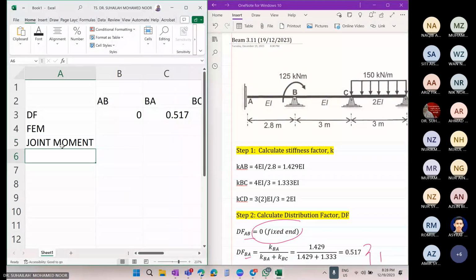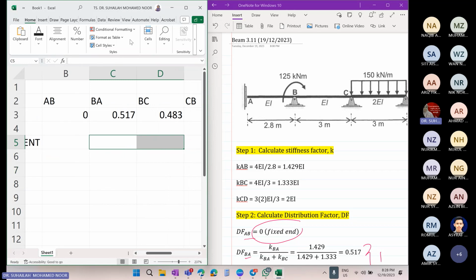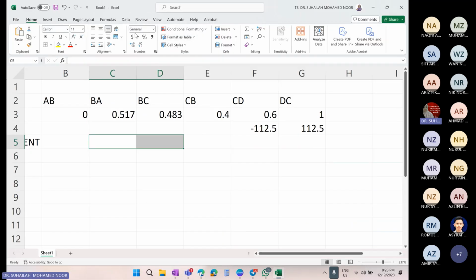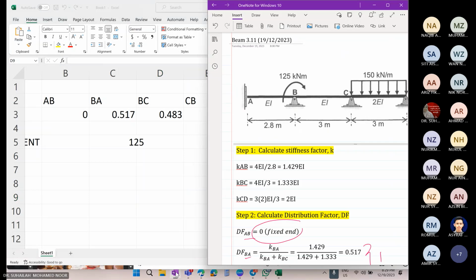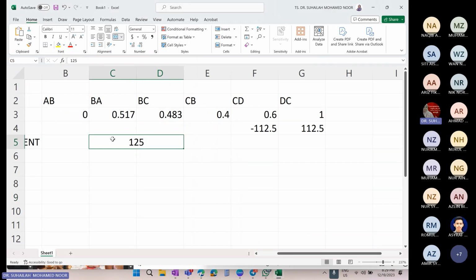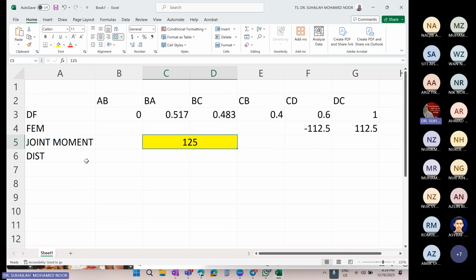So distribution is here. We have joint moment at B. It is 125 positive, clockwise. This is joint moment, so we don't have to change sign because it is already joint moment.